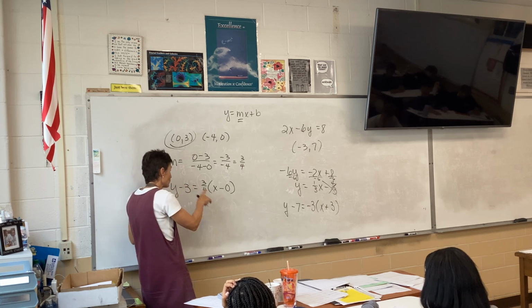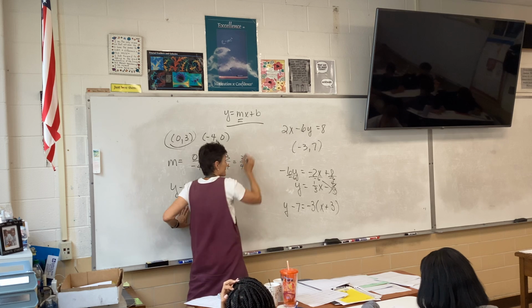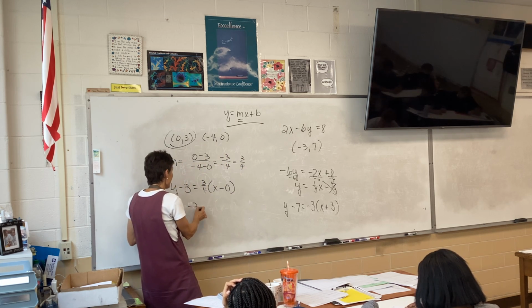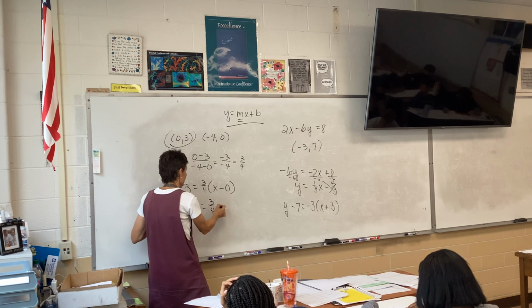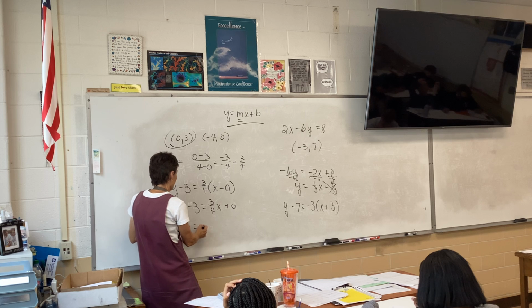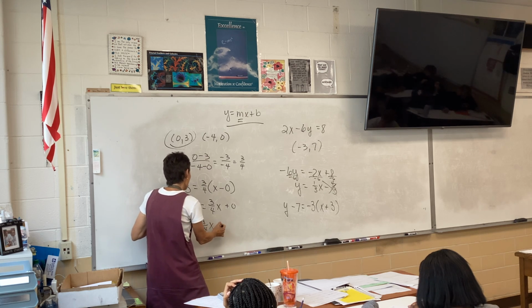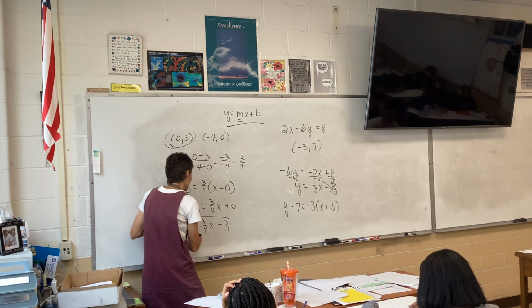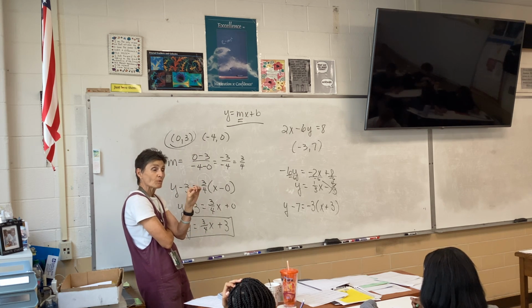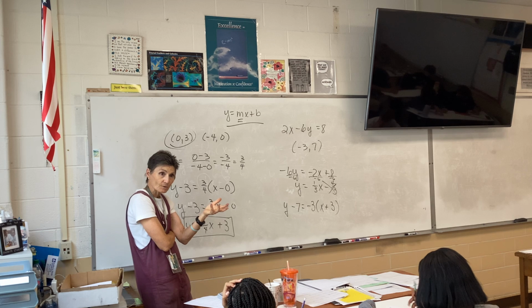We're going to mess around with it so that it looks like this. In other words, we're going to get y by itself. So the math is exactly the same. The only thing that's different is how you write your final answer.